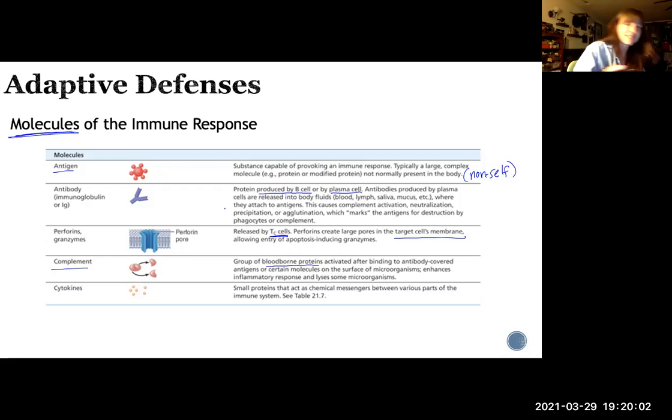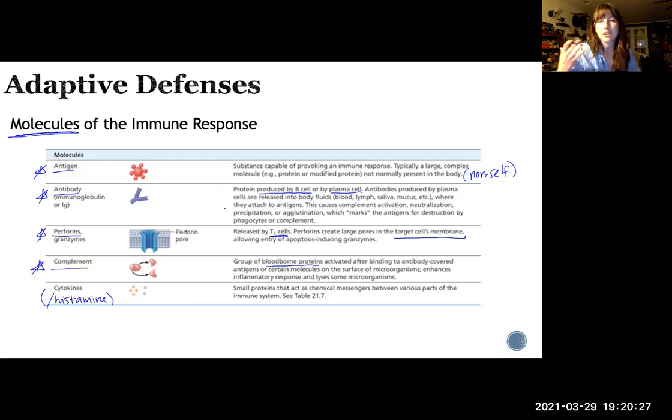And cytokines, not super worried about it. The ones that I'm underlining here are going to be the really important ones. Antigens, antibodies, complements, maybe perforins. But cytokines, well, maybe consider histamine.